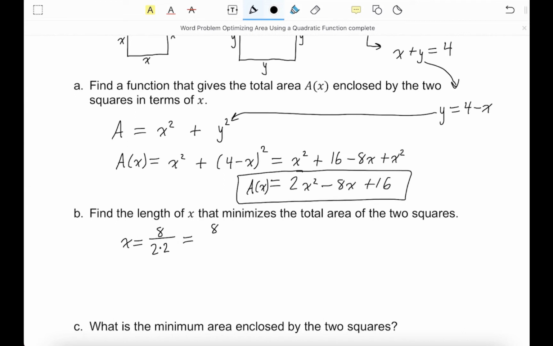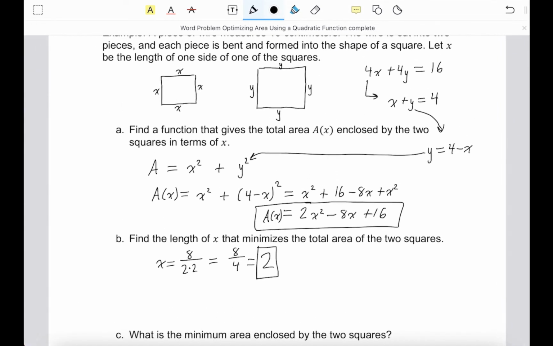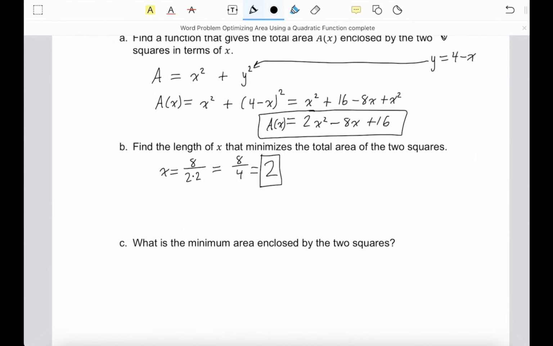So this is 8 over 4, which gives me a value of 2, x equals 2. So the length x that minimizes the total area is 2 centimeters. We make this one a 2 by 2. And it looks like, from this equation here, y is going to be a 2 by 2 as well.